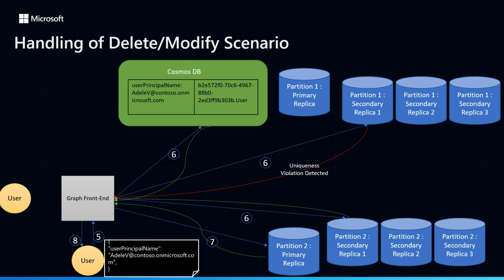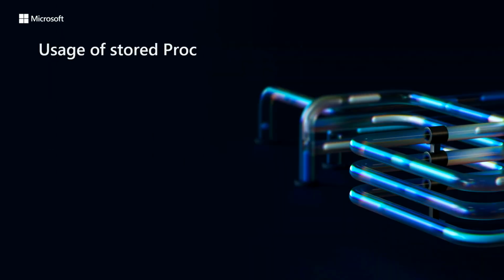In this particular case, one of the replicas may possibly return a uniqueness violation because the information about the previous delete has not been propagated to the secondary replica. But Cosmos DB is able to conditionally update that value because we have previously reserved the value with the sentinel value. In this way, we can handle all the delete scenarios as well as modify scenarios.